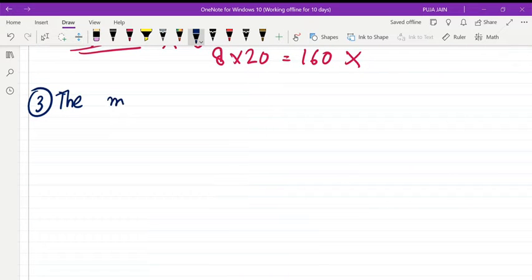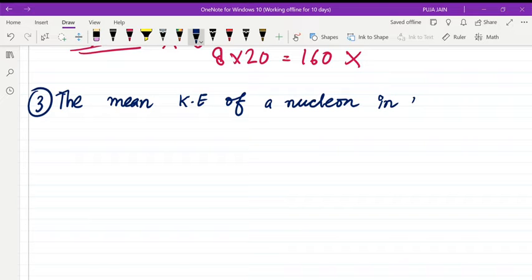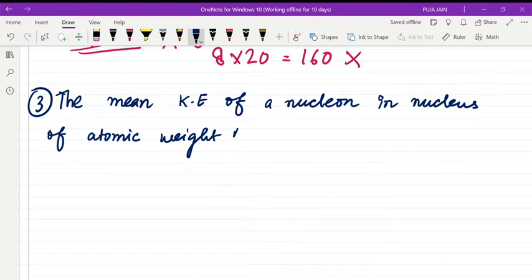the mean kinetic energy of a nucleon in a nucleus of atomic weight A varies as A to the power n, where n you need to find.